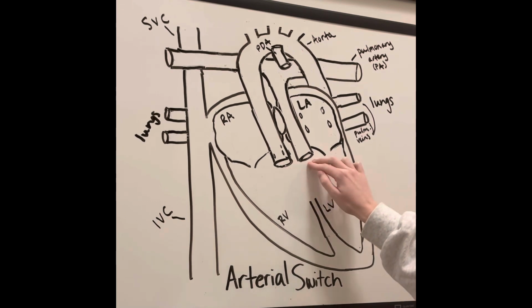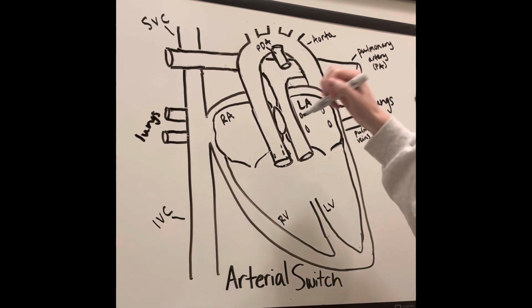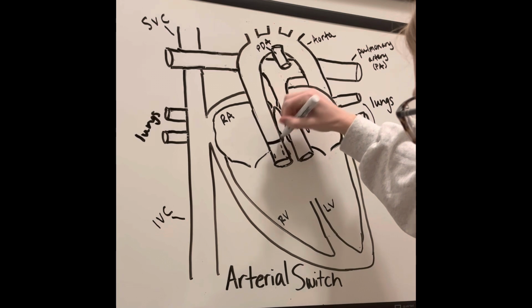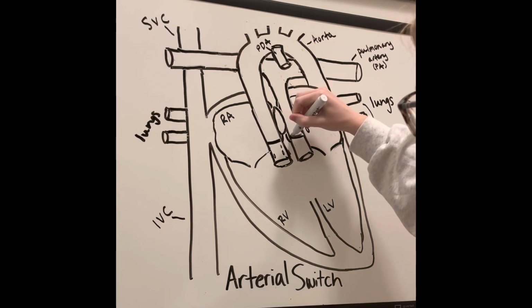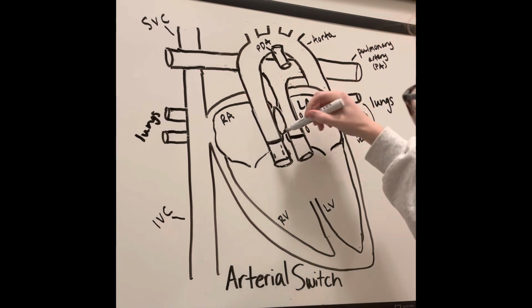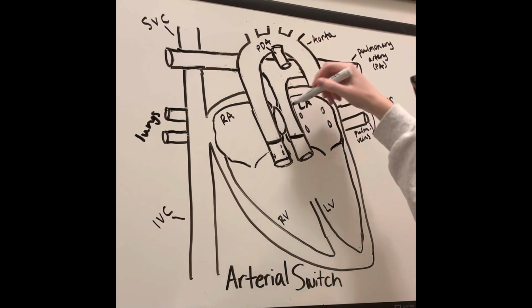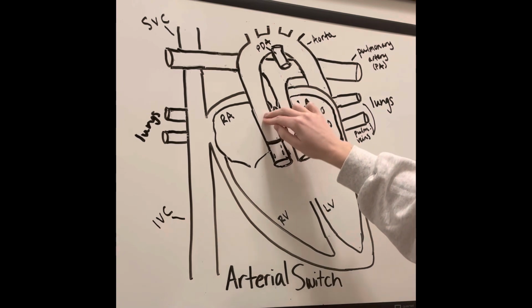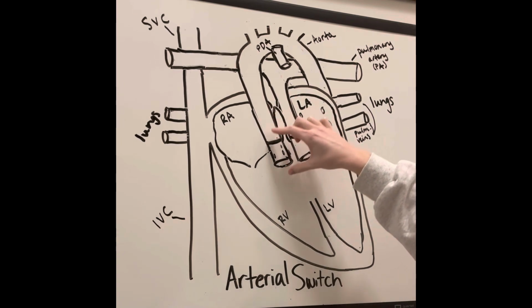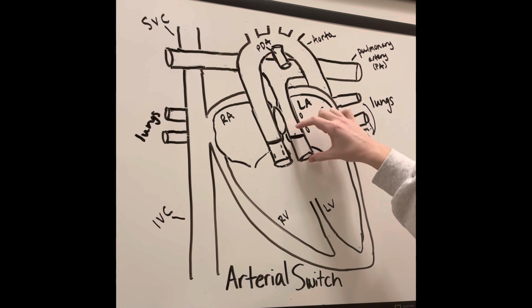So they have to keep these two bases where they are. So they're going to cut here and here and disconnect the aorta from the aortic root and the pulmonary artery from the pulmonary root.